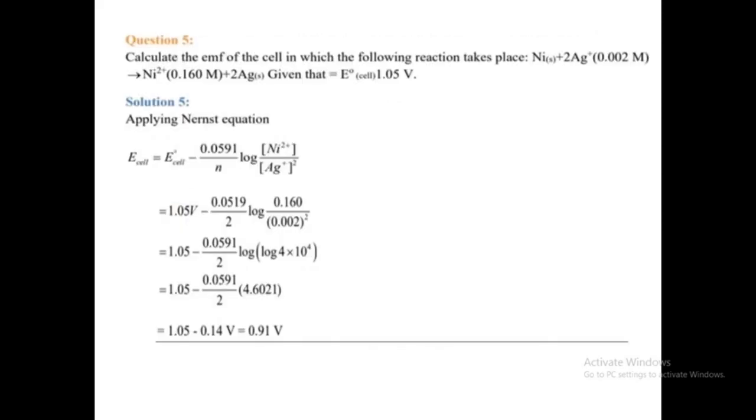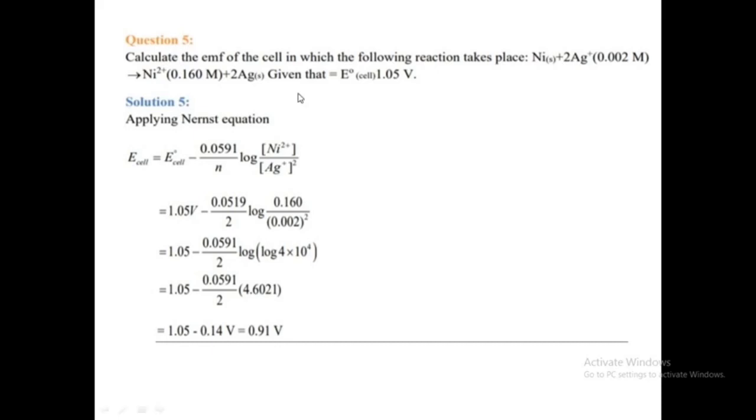Okay, now let us solve some questions. The first question is: calculate the EMF of the cell in which the following reaction takes place. That means nickel plus 2 Ag positive, where the concentration of Ag positive is given as 0.002 molar, changing to Ni2 positive with concentration 0.160 molar, plus 2 Ag.